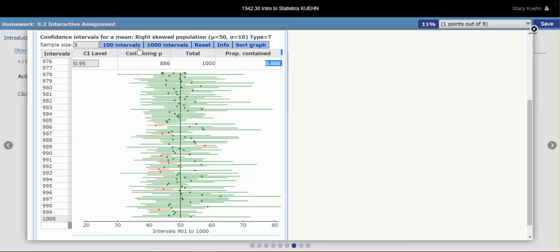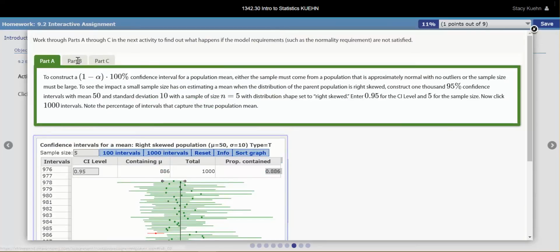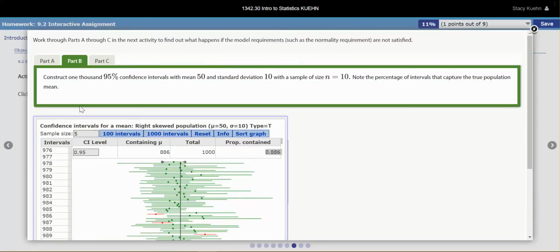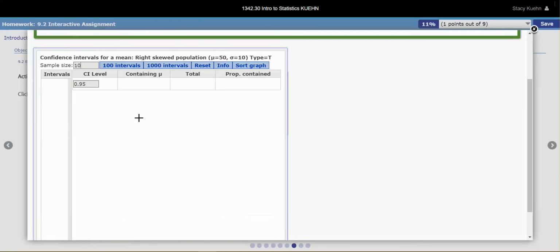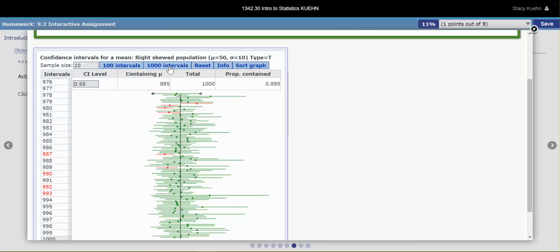Now, what if we do this again, and this time I'm going to increase the sample size. The previous one we were just looking at was a sample size of only 5. Now, what happens if I look at 1,000 intervals of size 10? How many of those contain my population mean? Again, we wanted a confidence level of 0.95 or 95%.